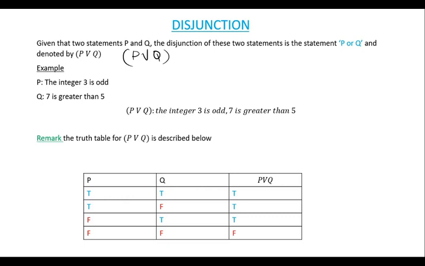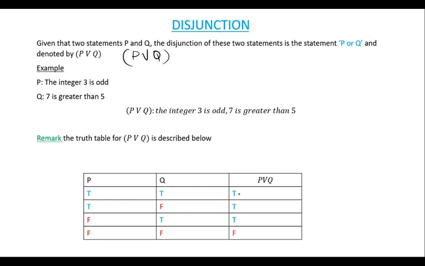Now let's look at the truth table for the disjunction P or Q. For disjunction, either both statements are true to make the truth table true, or one of the statements has to be true. So whether both are true or one is true, the disjunction between the two statements is true.